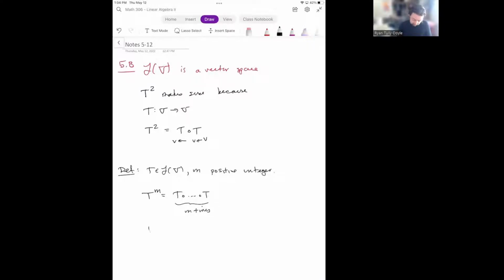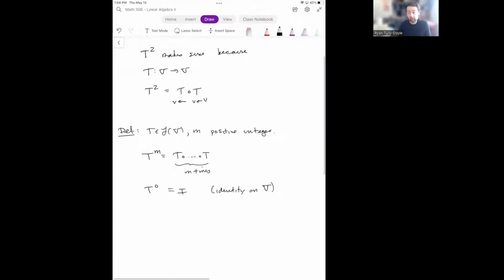And T^0, we're going to define to be the identity operator on V. So this is the identity on V. And if T happens to be invertible, then we can also define T^(-m), which is going to be T inverse composed with itself m times.